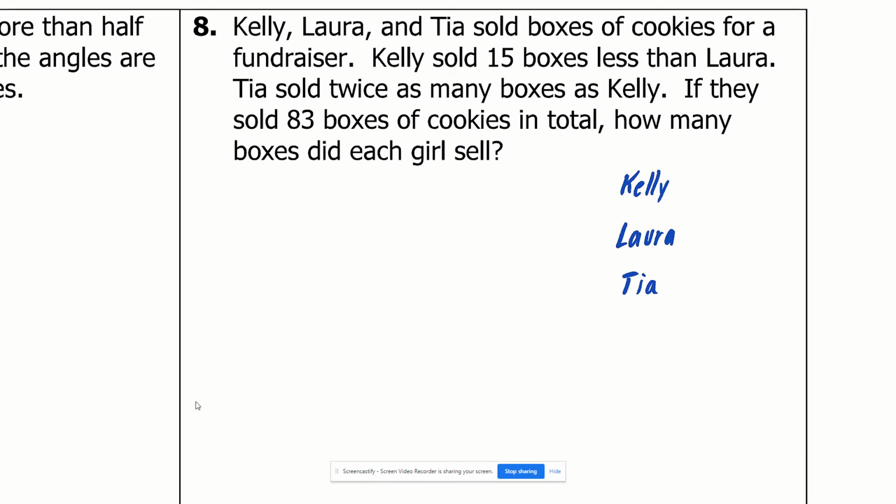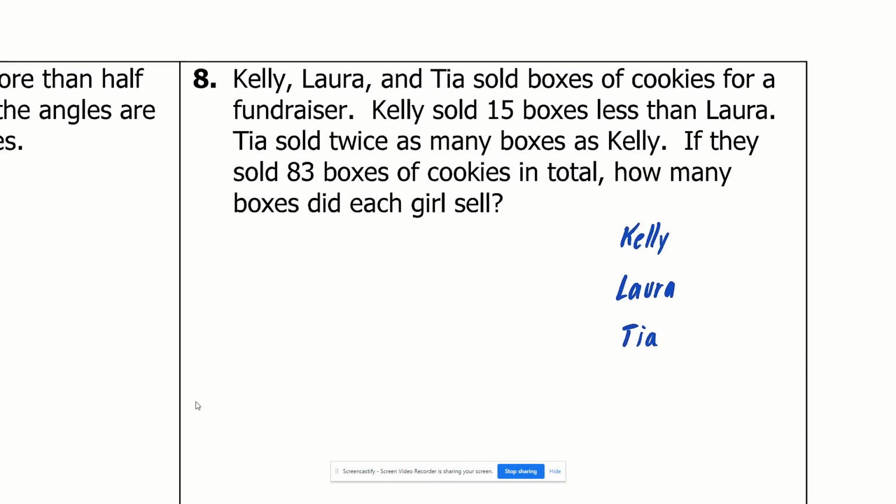Okay, so here's what we got to figure out first. Before I do anything else, I got to figure out who's being compared to who, right? So Kelly is being compared to who? Laura. And Tia is being compared to who? Tia is being compared to Kelly. So who's at the bottom of the totem pole?